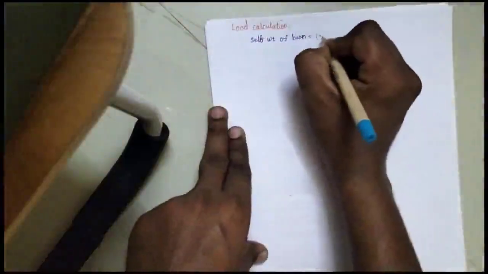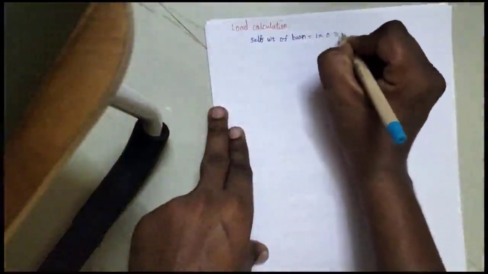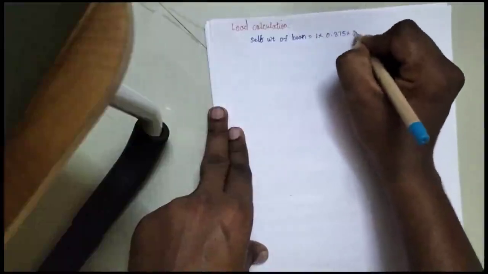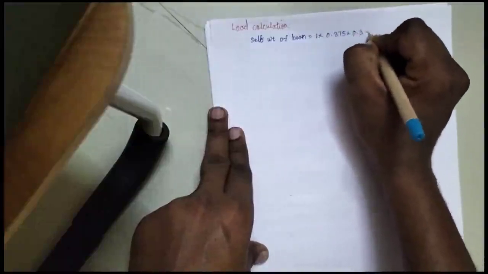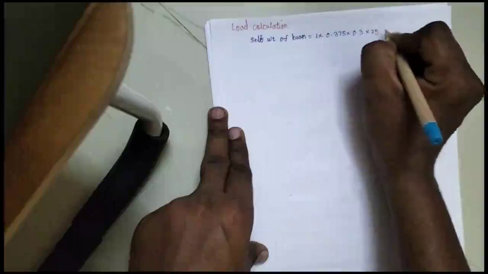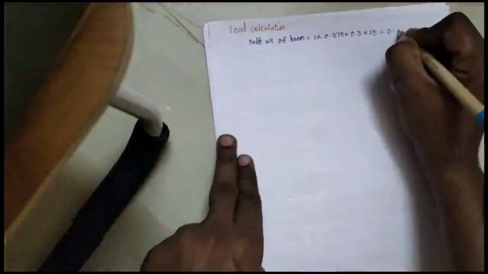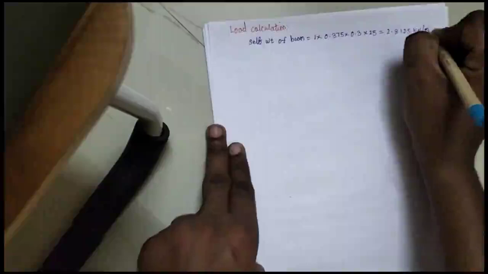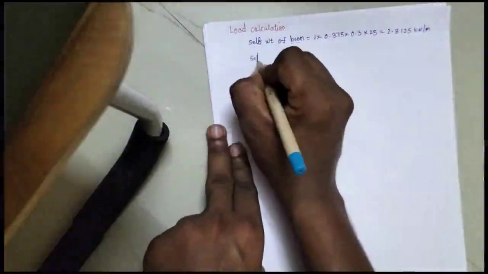I am considering a unit length, the depth is 0.375, the width of the web is, as I already considered, 0.3, and the unit weight of concrete is 25. So the value is 2.8125 kilonewton per meter.